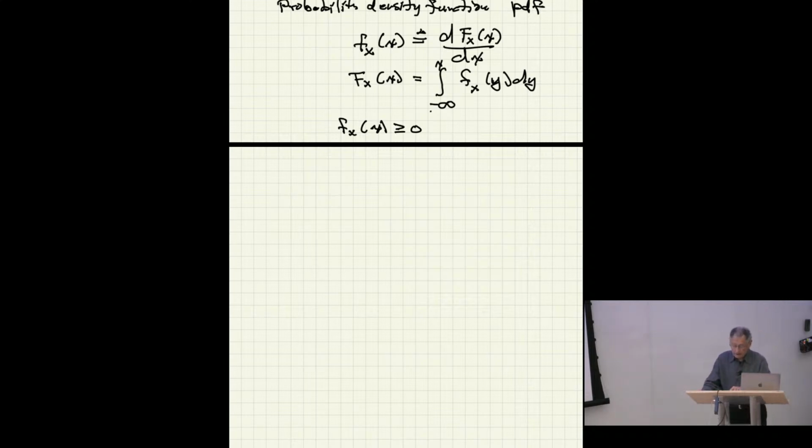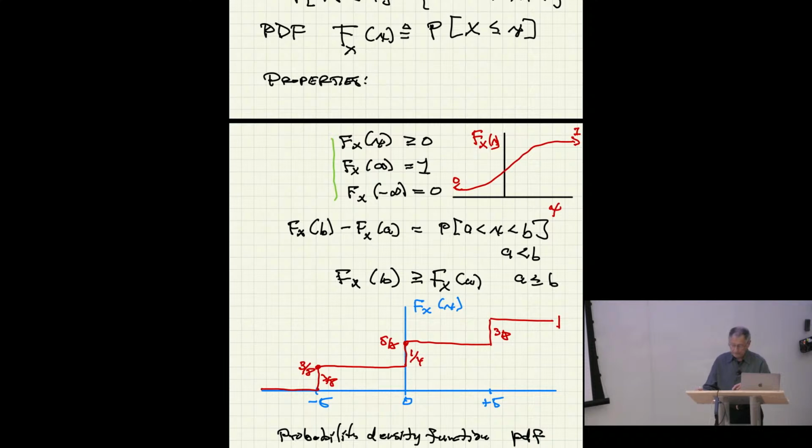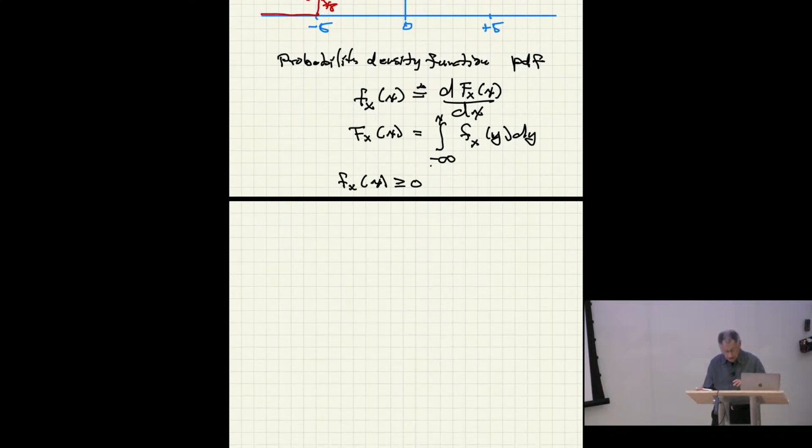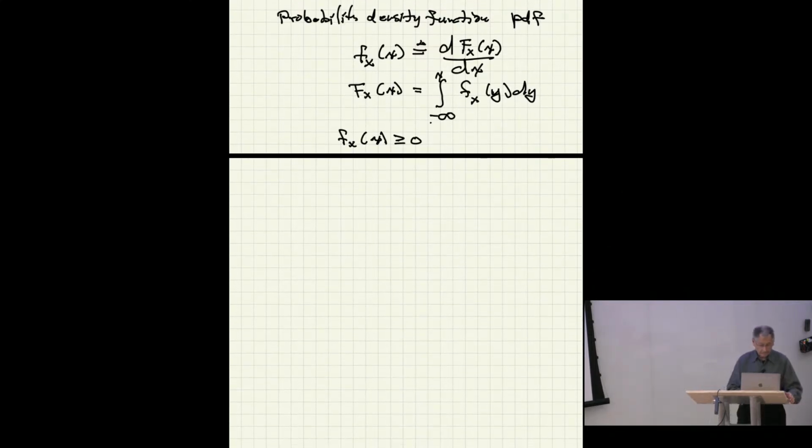If you look back at this comment here, that F sub x basically is monotonically increasing, its slope is never negative, and little f is the slope of the capital F. And it's also true that the integral from minus infinity to infinity of little f, how much is that?